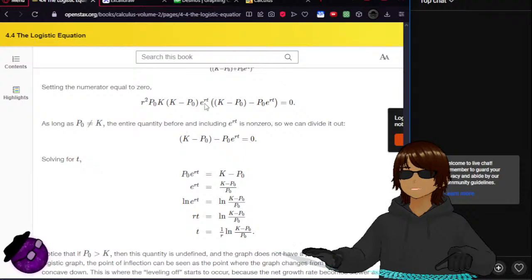This entire quantity will be non-zero as long as p0 is not equal to k. So then we are left with this, which has the possibility of being 0.